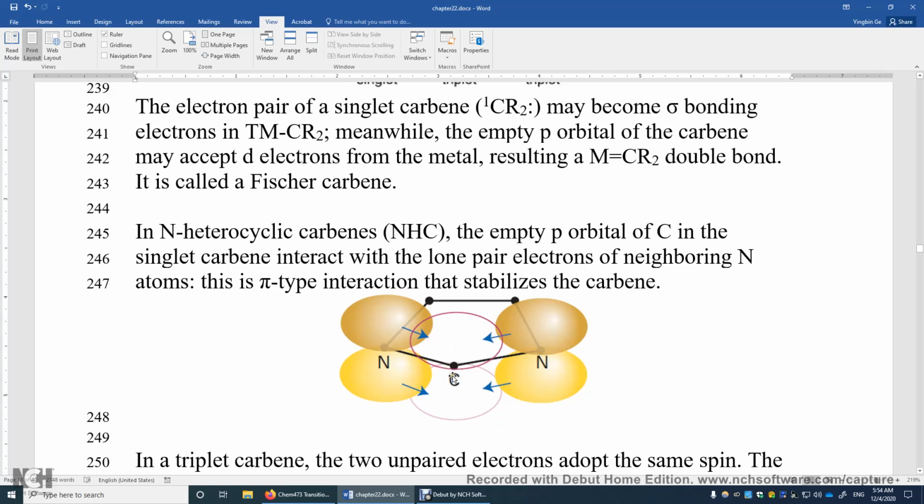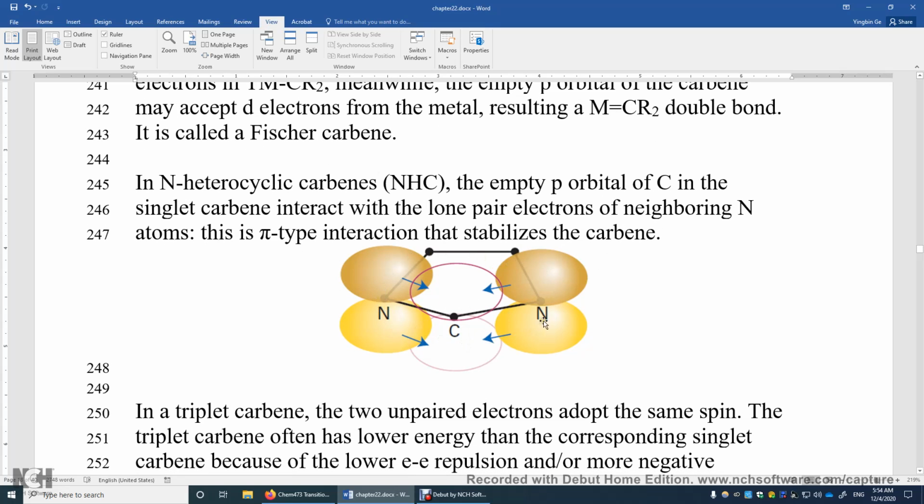That will lower the electron-electron repulsion and stabilize this singlet carbene. So sometimes we can have very stable carbenes by allowing electrons to flow from neighboring atoms to the empty orbital of the carbon.